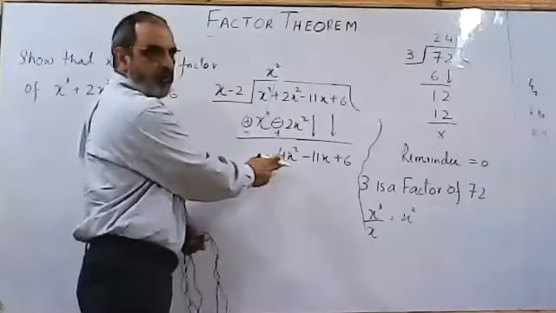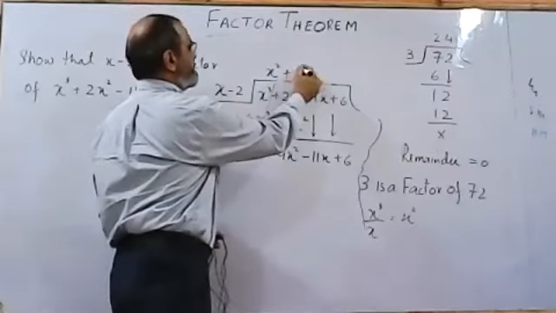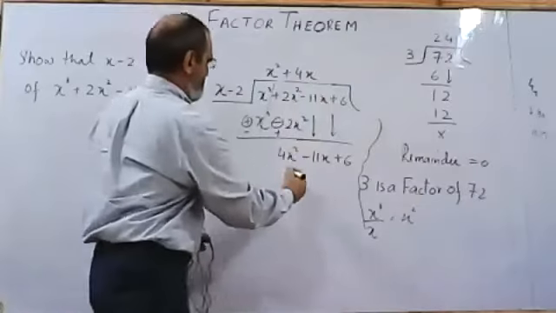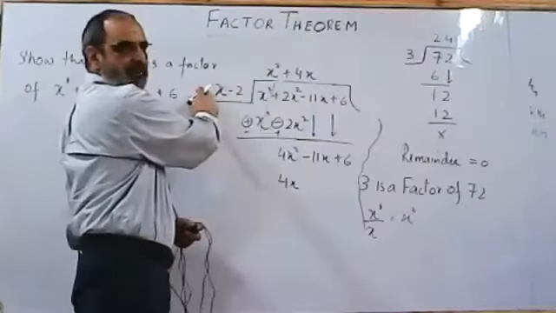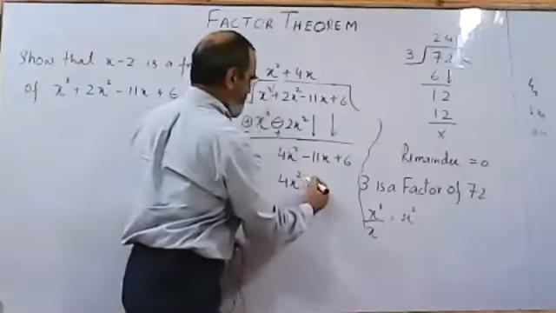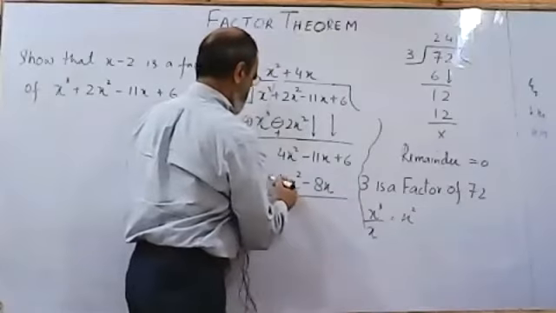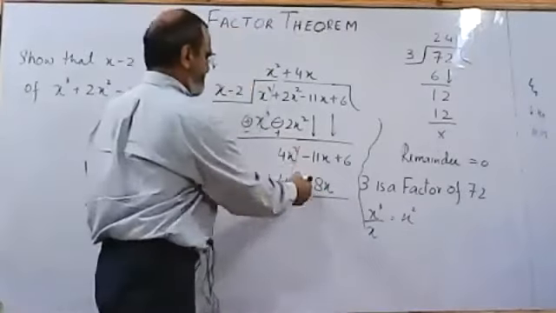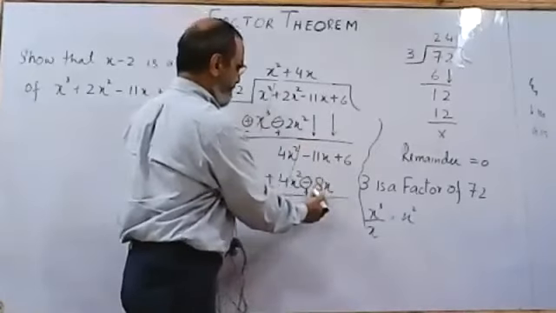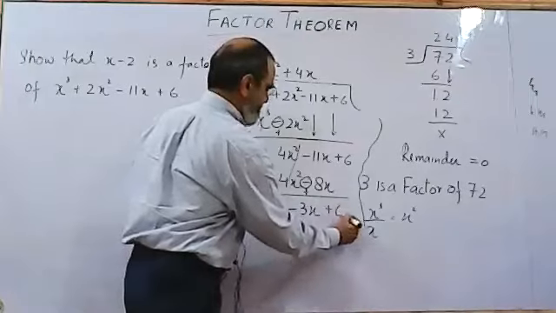Again dividing 4x square by x, we get plus 4x. Now this 4x multiplied by x minus 2 gives you 4x square minus 8x. Minus 11x plus 8x gives you minus 3x.